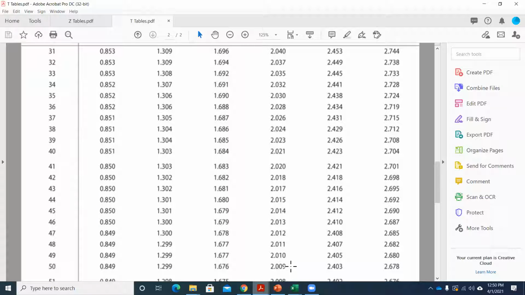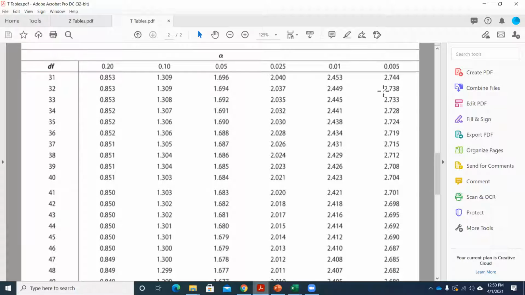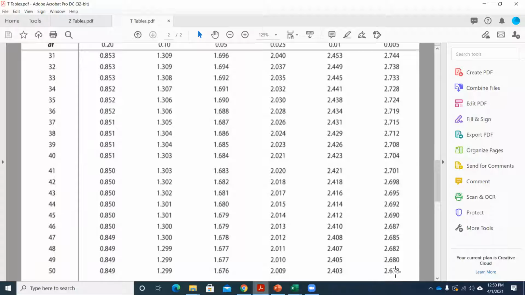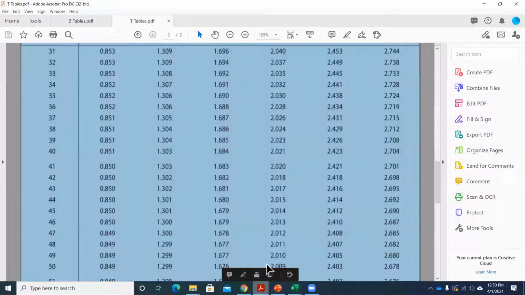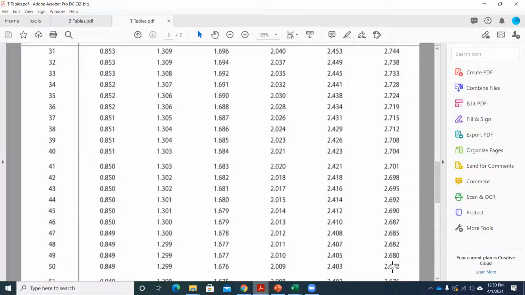Go down to degrees of freedom 50, it's right there. And then the last alpha of 0.01, half of alpha is in each tail, so 0.005. Down at my degrees of freedom of 50, here's my critical value. So I've got my critical values 1, 2, and 3 right here, because I identified the degrees of freedom, and then it was just what area do I want in the tails.